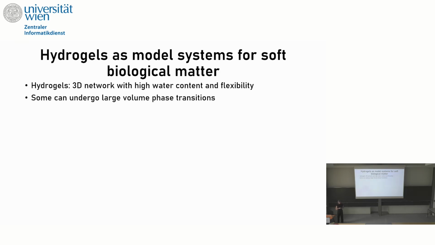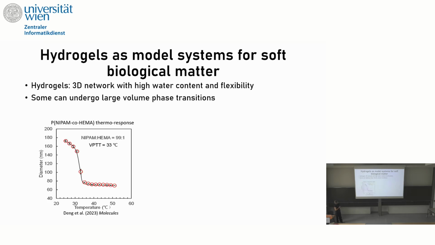They have very interesting properties, and some can undergo volume phase transitions in response to all kinds of stimulation such as pH, solvent quality, temperature, mechanical stress, ionic contact, and so on.